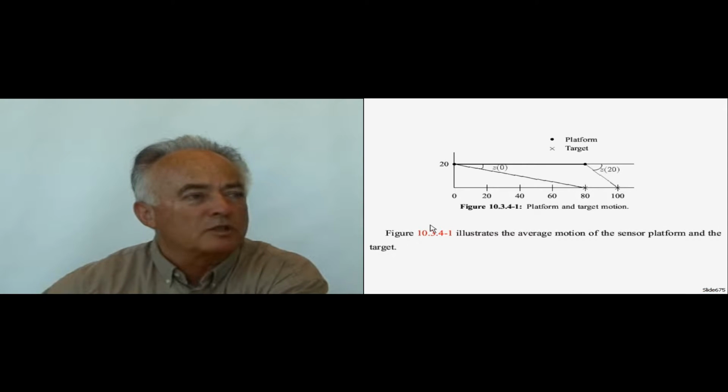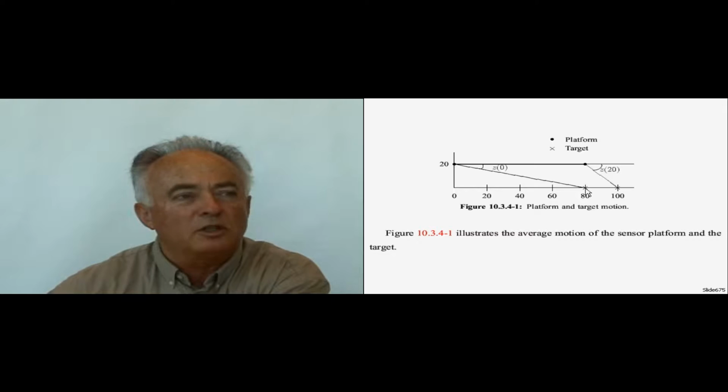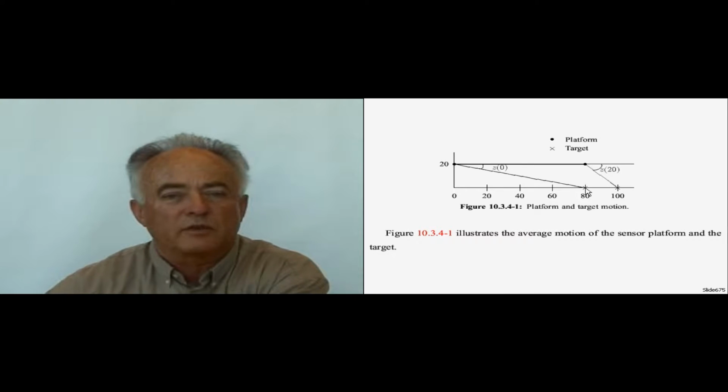And here is the picture. The target moves over the 20 sampling intervals from time 0 to time 20, from 80 to 100 on the average, because that's not exactly constant velocity motion, but a noise-perturbed motion with slight noise.